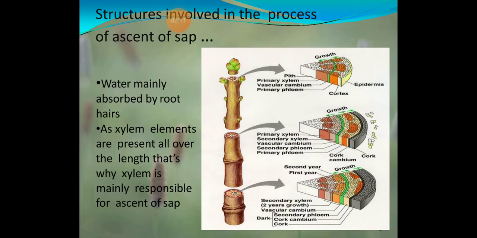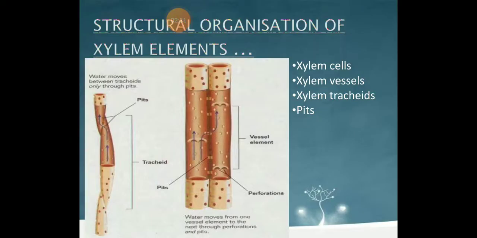The right side figure is showing the different elements present in the xylem of the stem. Xylem is present in the stem portion, so the enlarged diagram is showing how the ascent of sap takes place in the plants.